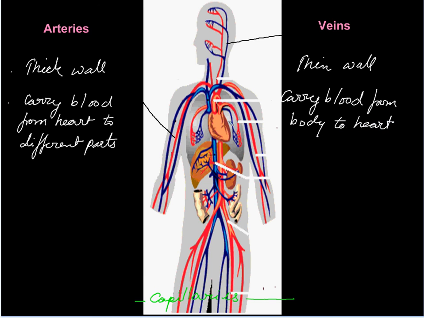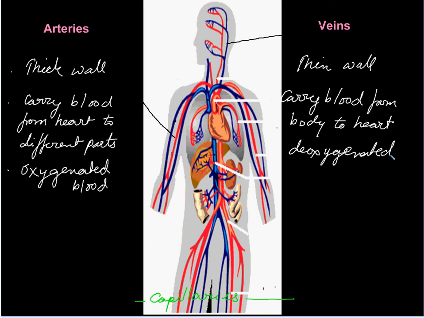From this we can say that arteries carry oxygenated blood, or blood rich in oxygen, and veins carry deoxygenated or less oxygenated blood.